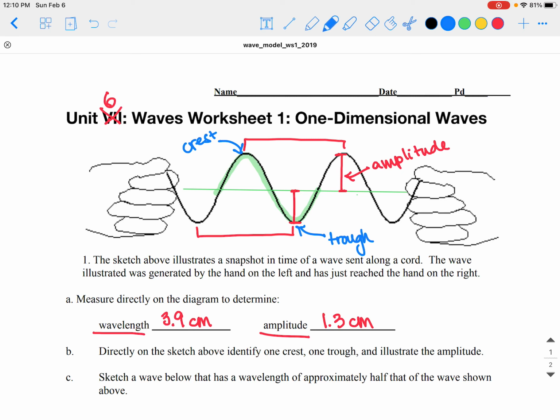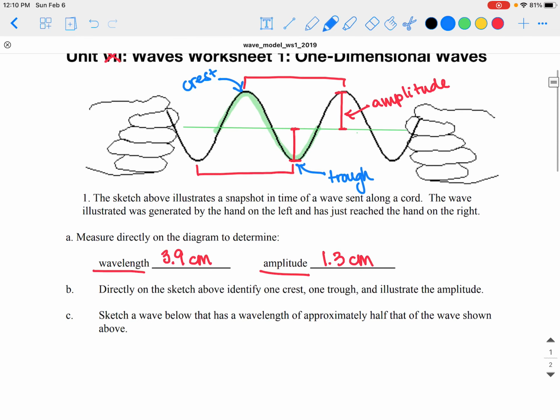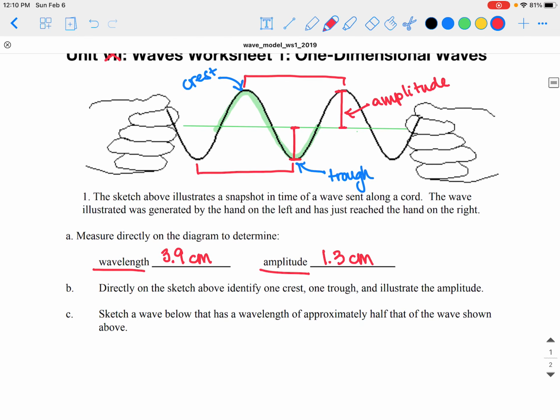The next question says, sketch a wave below that has a wavelength of approximately half that of the wave shown above. So basically, if we're trying to sketch something with a wavelength half, that means I would need to have two crests within one crest here. So I'm just going to use a highlighter. Again, you're eyeballing this.